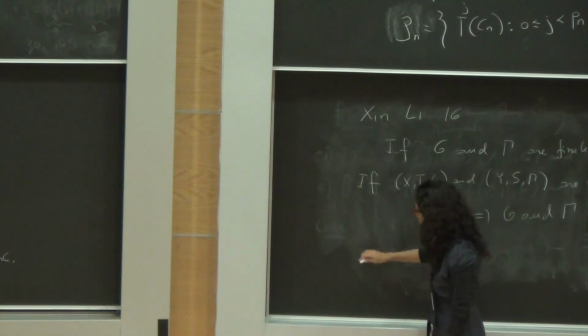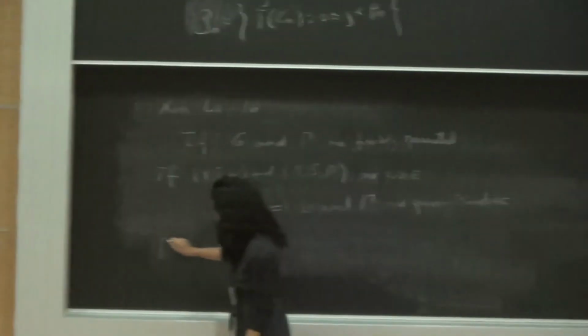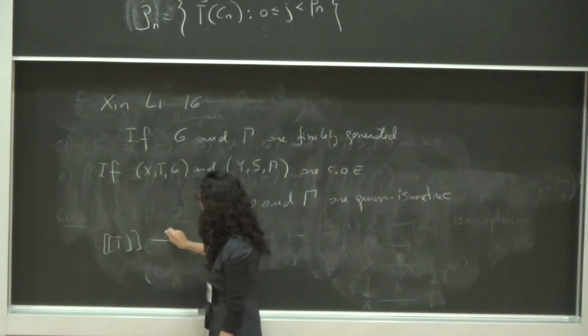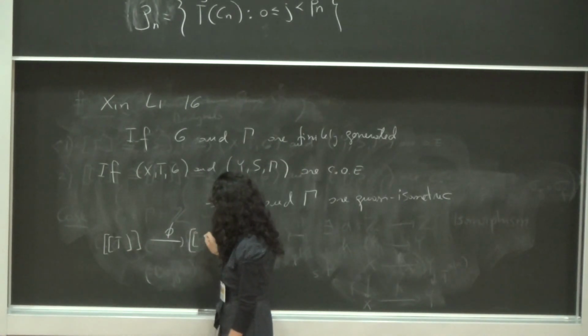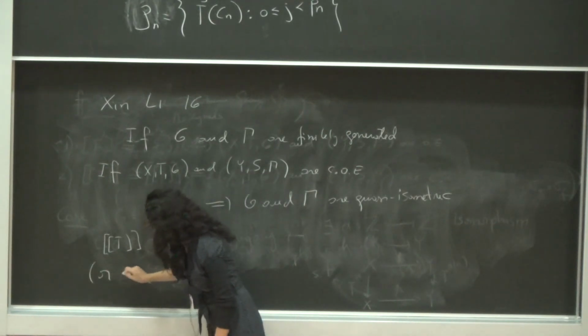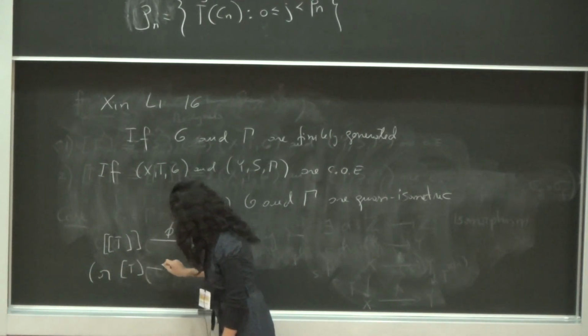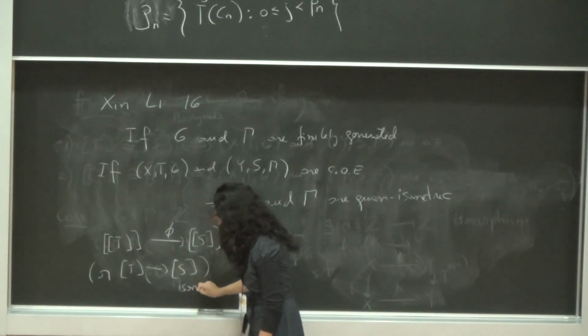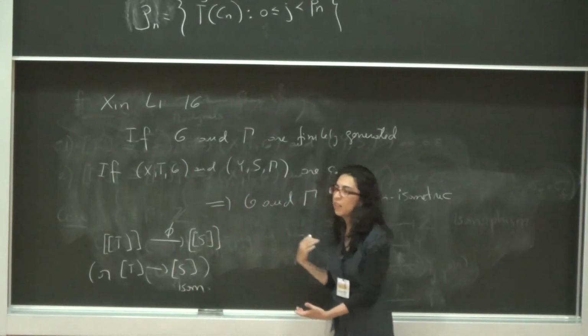When you have an isomorphism between the topological full groups, or between the full groups, this isomorphism is always spatially defined.